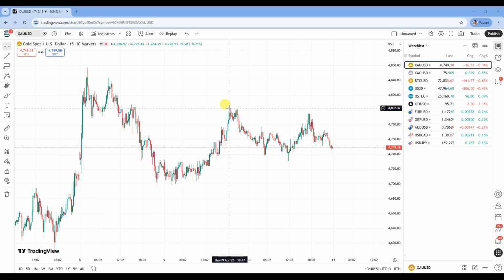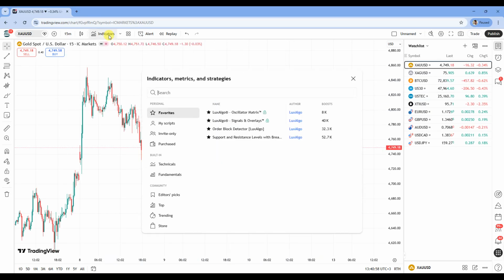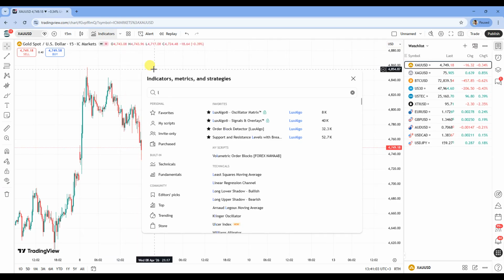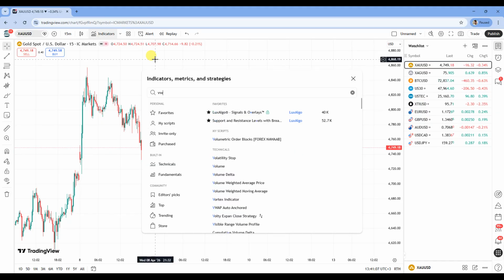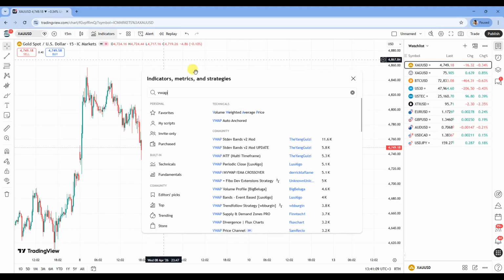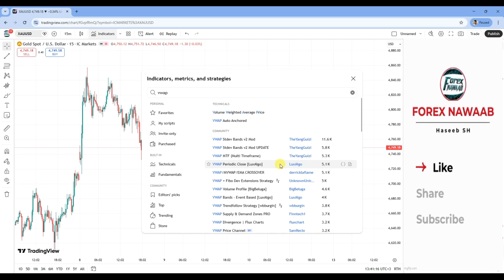So let's talk about the most traded one these days, which is the VWAP by LuxAlgo, VWAP of LuxAlgo 5.1k.